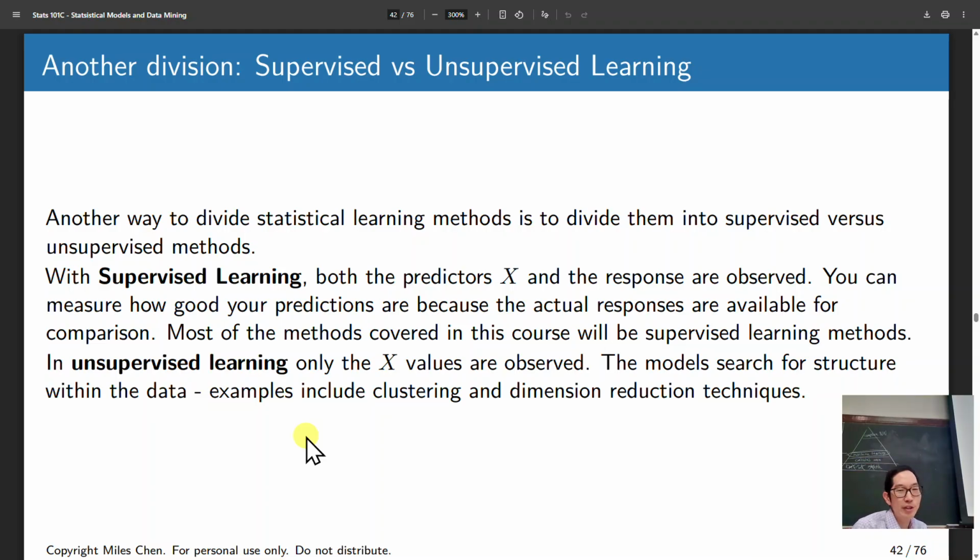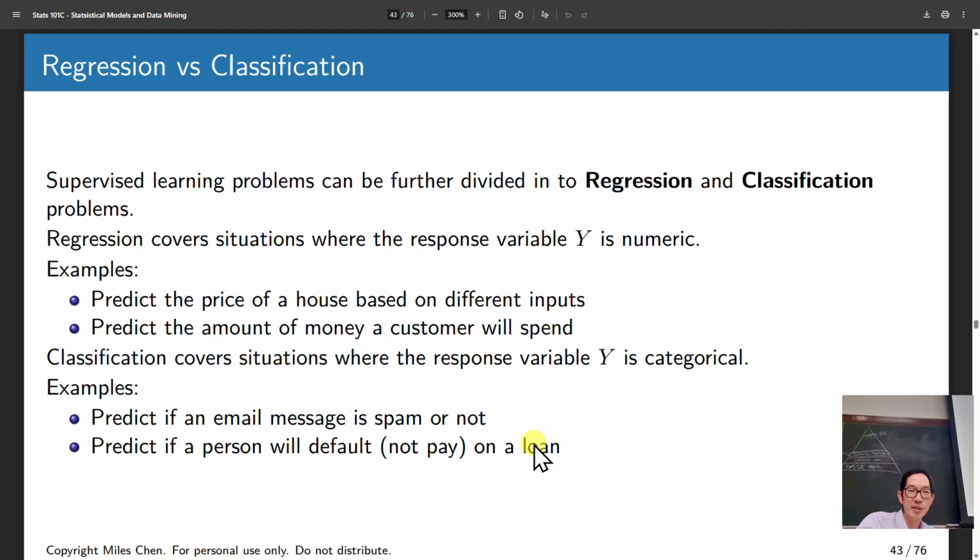You don't have answers that you're trying to predict, and so you have clustering methods. You're trying to group things that are similar, but clustering is tricky because if you take a group of random things and ask people to form groups out of them, people might cluster them differently. And so with clustering and dimension reduction, you don't necessarily have answers to compare against.